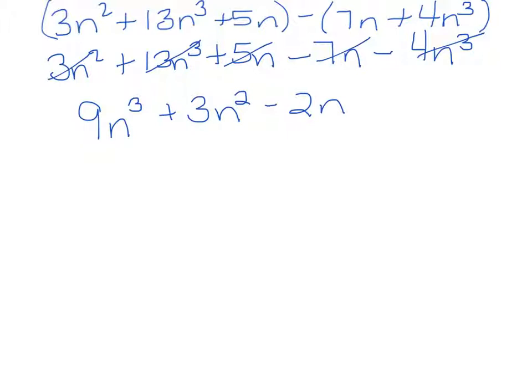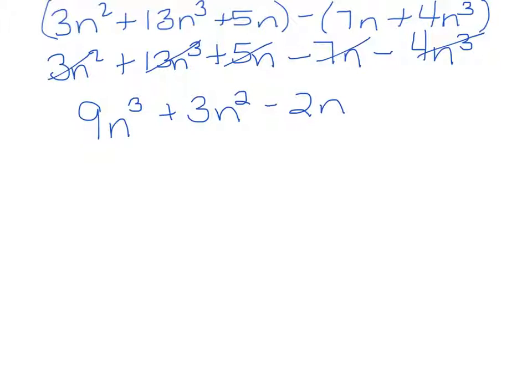If you want to use the vertical method on these subtraction problems, you can, but you have to remember that you are subtracting. And the other thing is, again, just like the addition, you have to line up your like terms. So if I were you, I would rearrange my polynomials in order from largest exponent to smallest exponent.